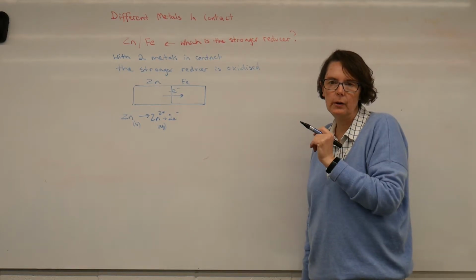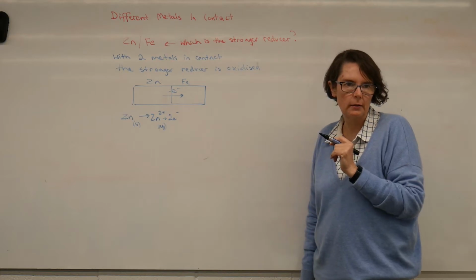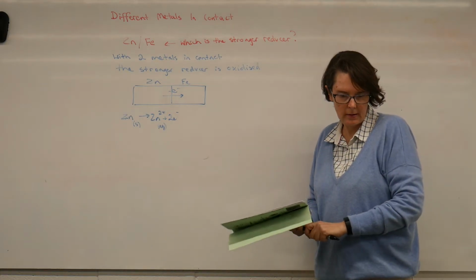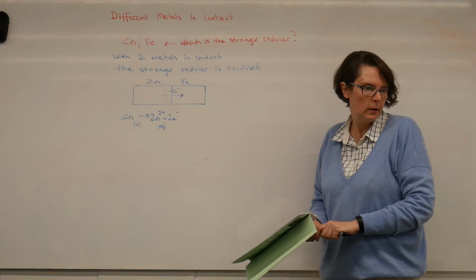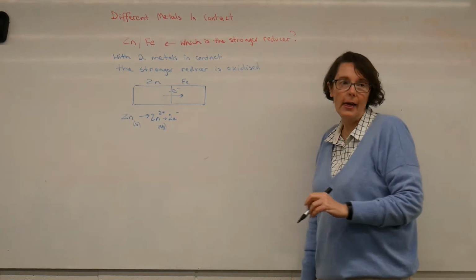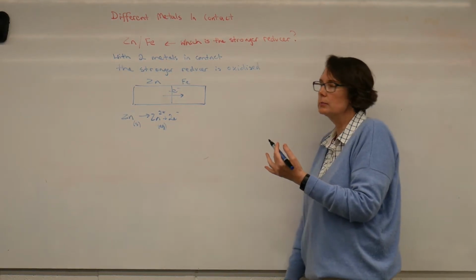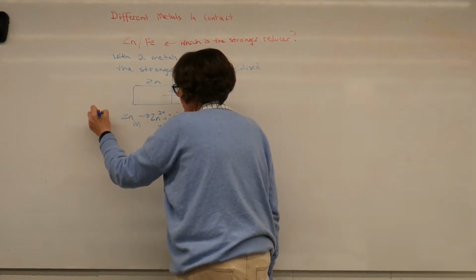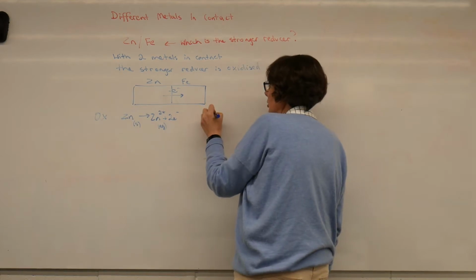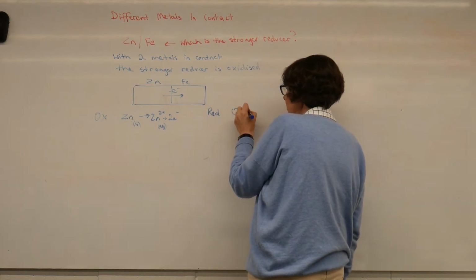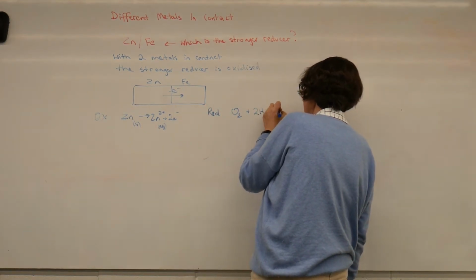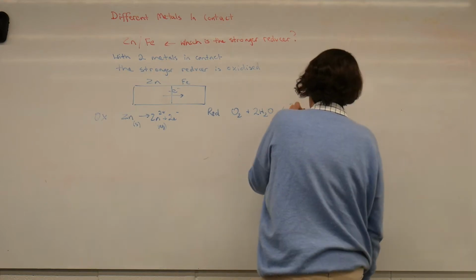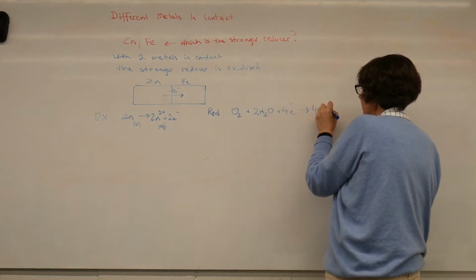So what's the half equation that happens on the iron? The O2 plus 2H2O one. Yeah, that one, because this is still corrosion. So this was our oxidation and our reduction: O2 + 2H2O + 4e- goes to 4OH-.